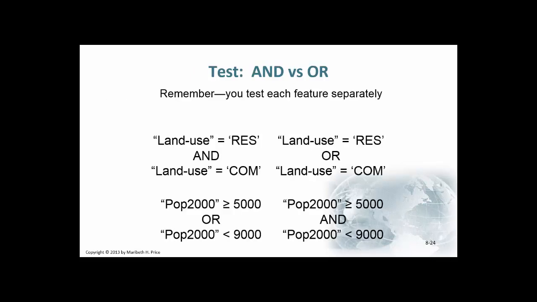A common mistake is to use the AND operator looking for two values in the same field. That can't happen. There are no records where land use is equal to residential and equal to commercial. You need the OR operator in this case.